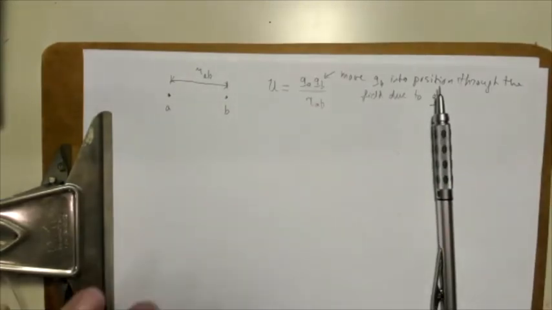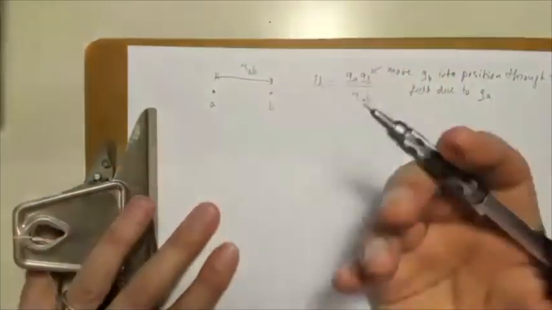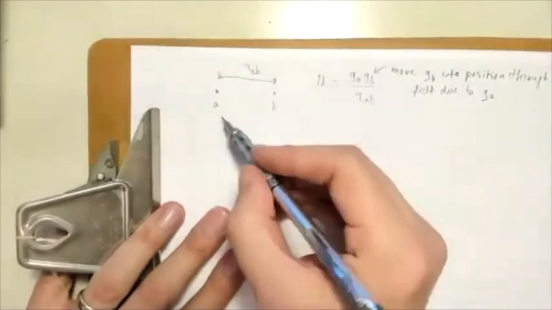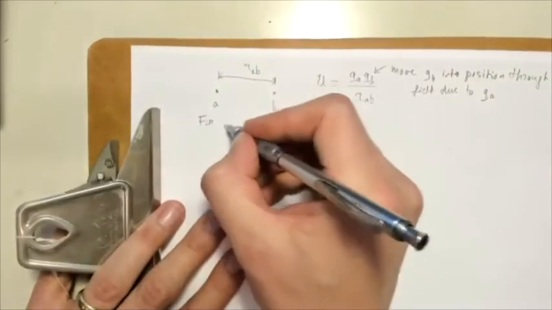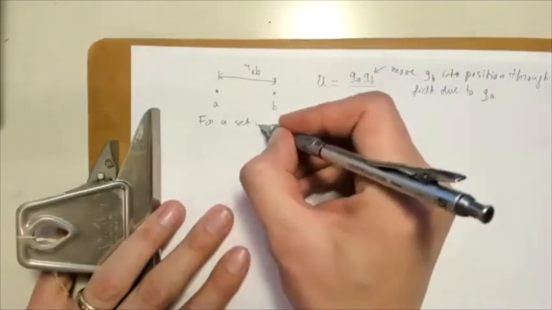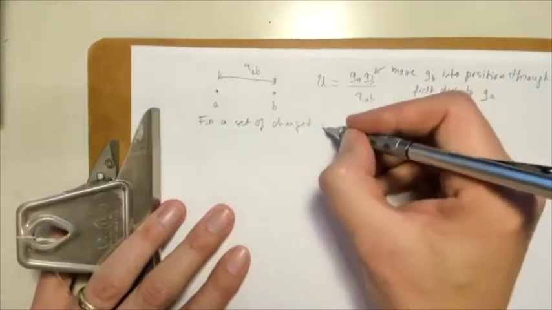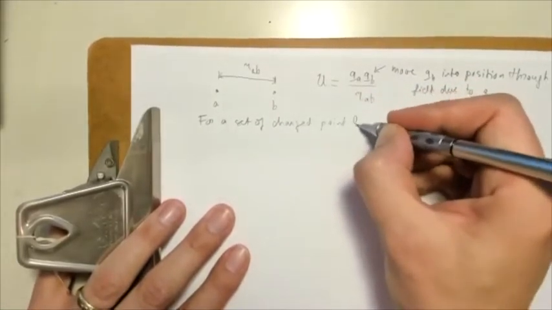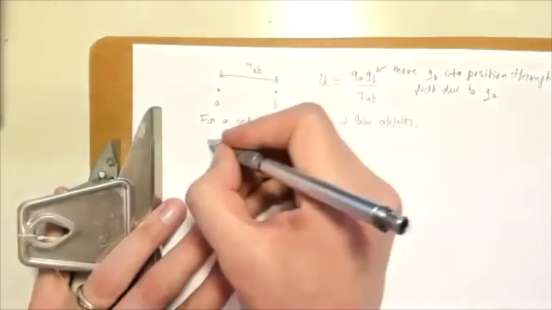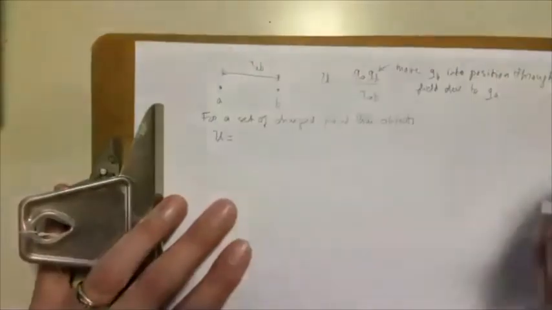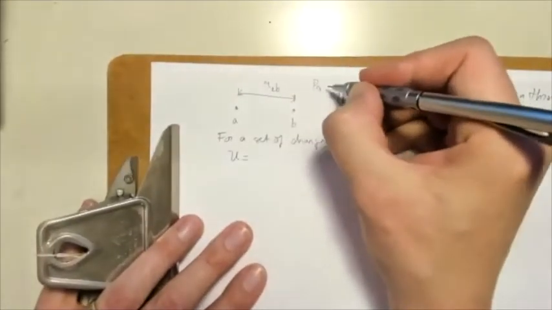Now, you can build any kind of charge configuration by considering pairs. So for instance, if you have a set of charged, point-like objects, the total potential energy, sorry, I did not write, this is potential energy, obviously.